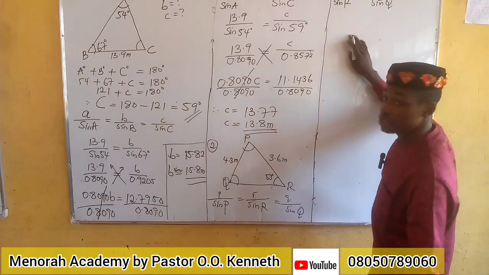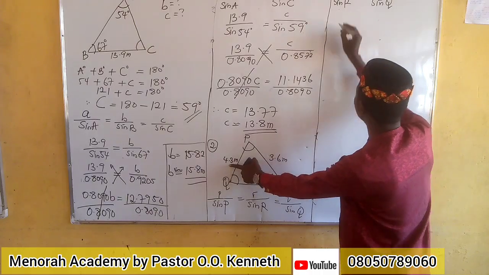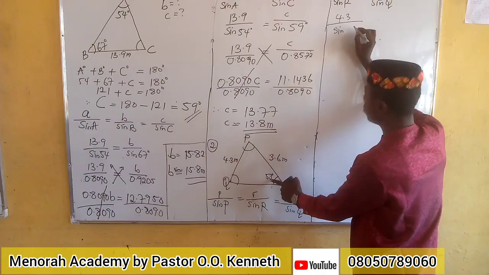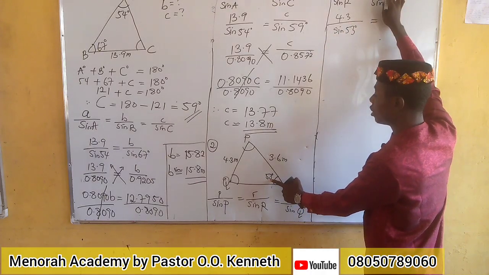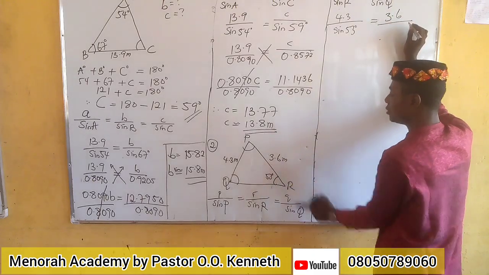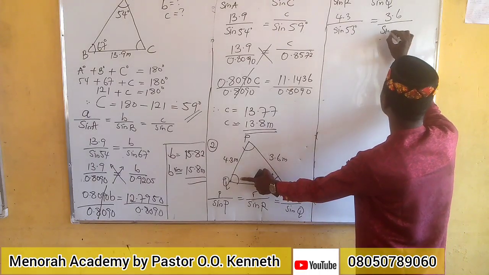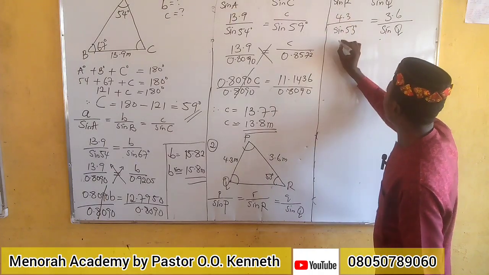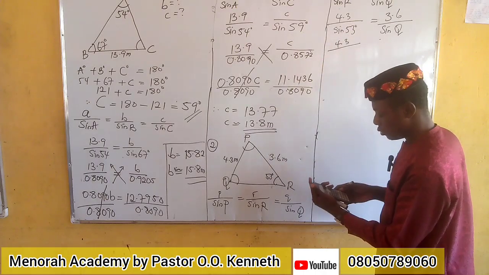How do we substitute into this? Our small r is 4.3 all over sine of the angle, which is 53 degrees. This equals our small q, which is given as 3.6, all over the next thing that is not given, our Q, so it remains as sine Q. Now we have 4.3 all over sine 53.